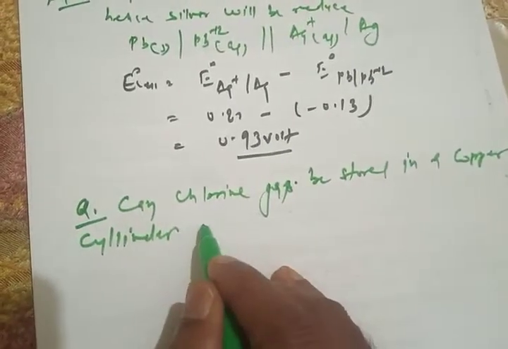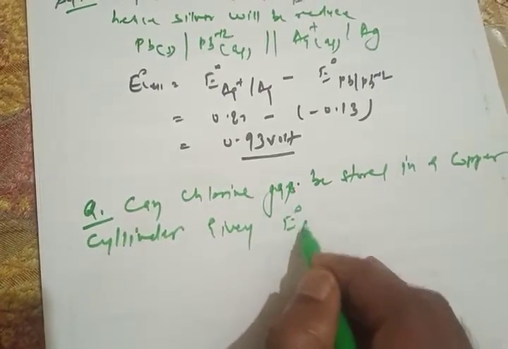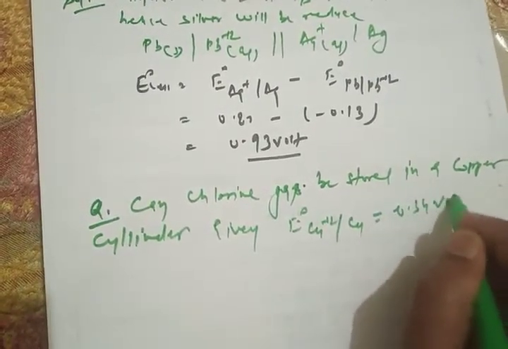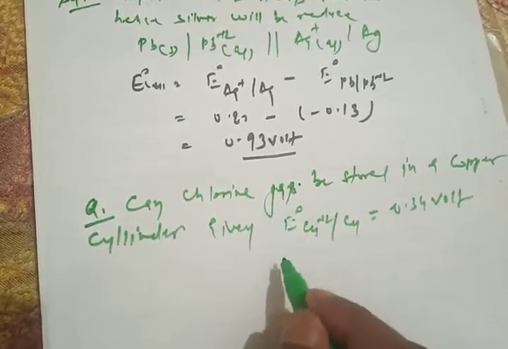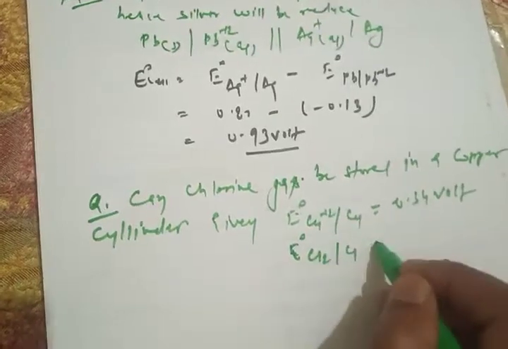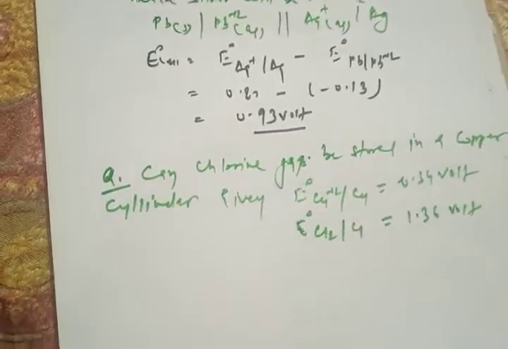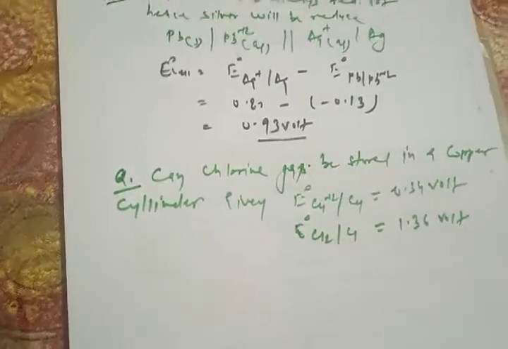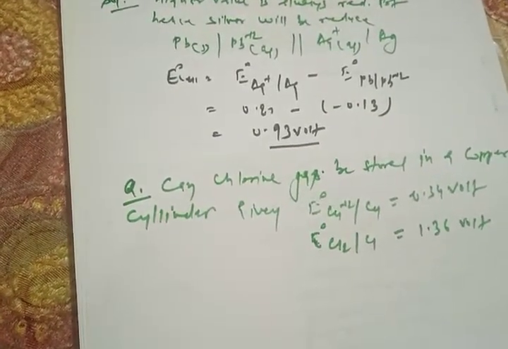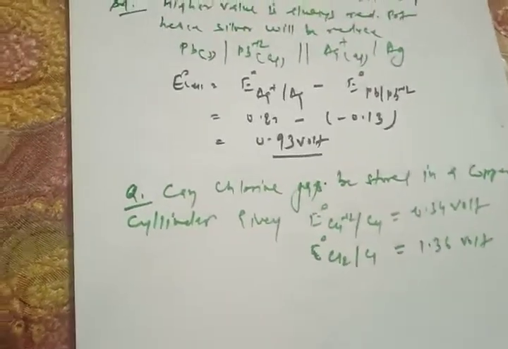The given values are E naught copper plus 2 to copper is 0.34 volt, and E naught chlorine to Cl is 1.36 volt. On the basis of these two values you have to find out whether chlorine gas can be stored in a copper cylinder or not.